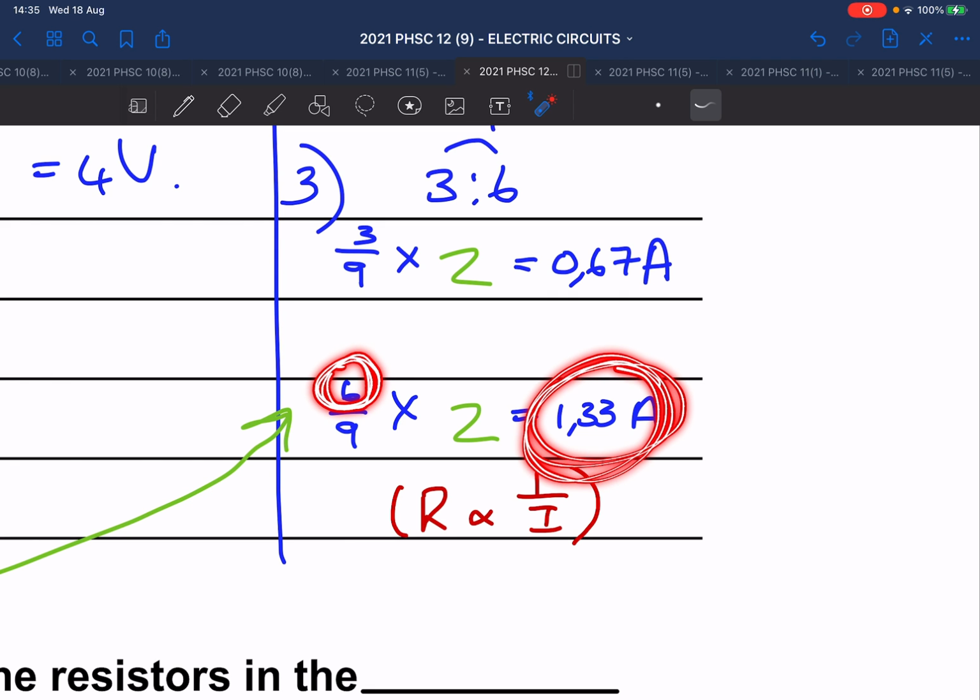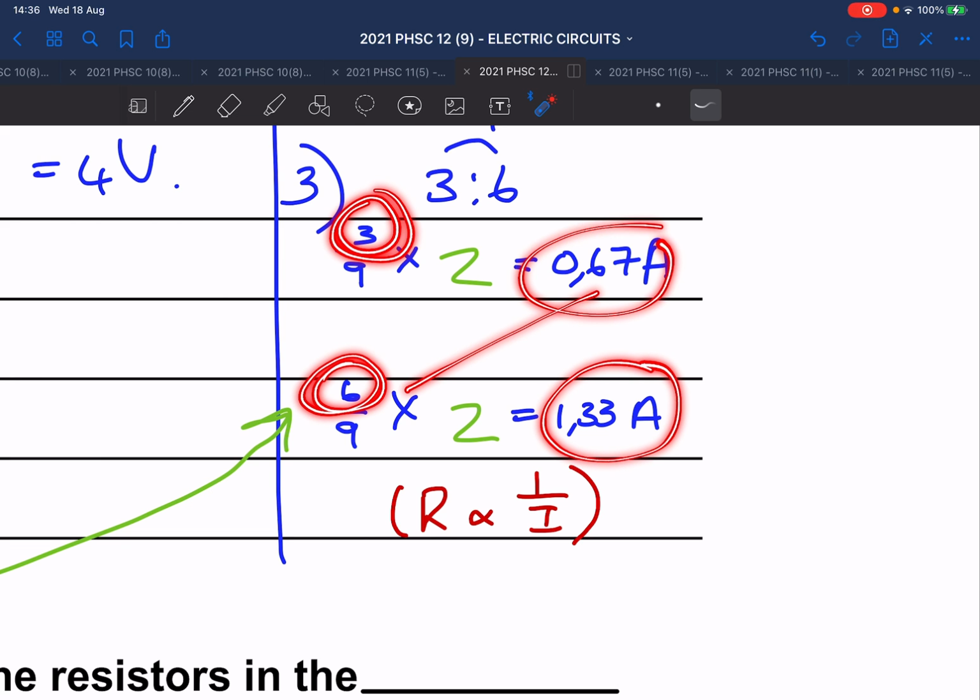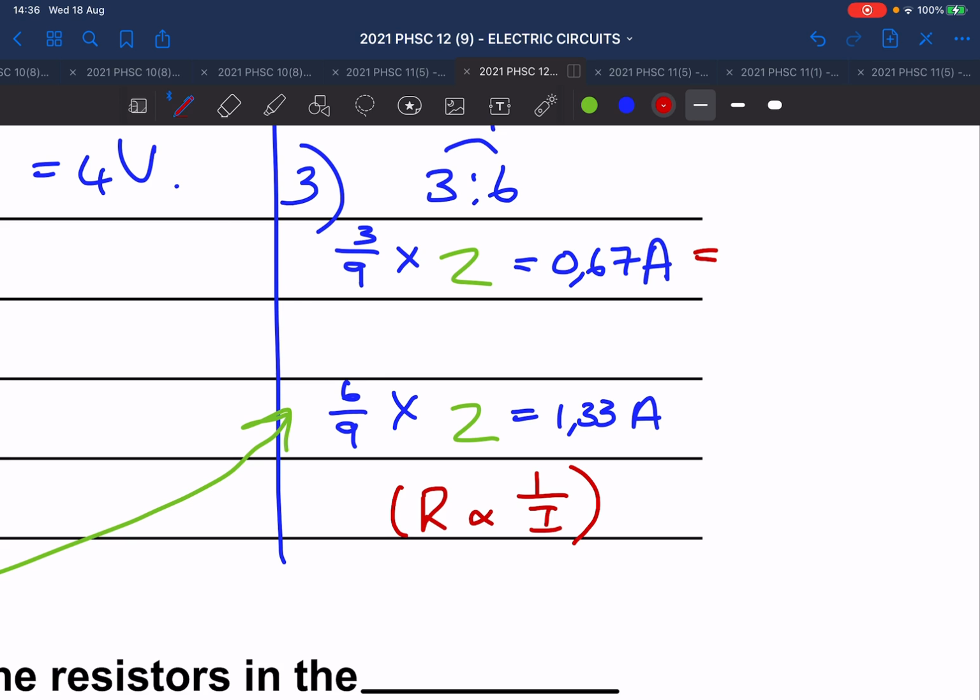That is not true. This here must crisscross. The smaller resistor will get the bigger current, and the bigger resistor will get the smaller current. So how are you going to write that down? You're going to say that is equal to the current through the 6 ohm resistor, and that is the current through the 3 ohm resistor.